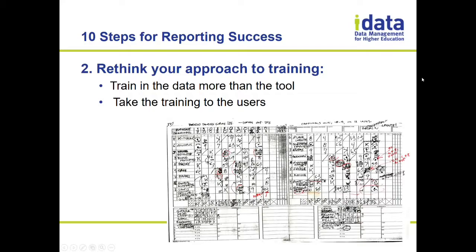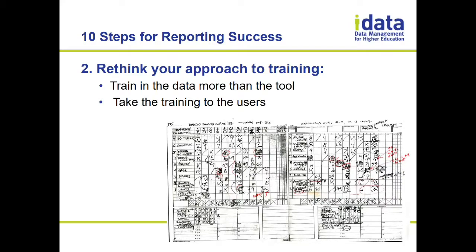The next step is to rethink your approach to training. Most of the time, if you're implementing a reporting tool, there is significant training on the tool. Now, reporting tools have gotten easier and easier to use, and the real training you need to do is in the data and not the tool, because the data systems are getting more and more complicated and the tools are getting more and more simple.